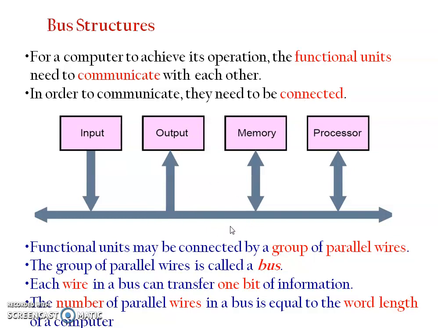Each bus will have some parallel wires. It will be connected via some wires. So not a single wire, it can have many wires. A group of parallel wires will be there inside the bus, in which each wire will be able to transfer only one bit of information.